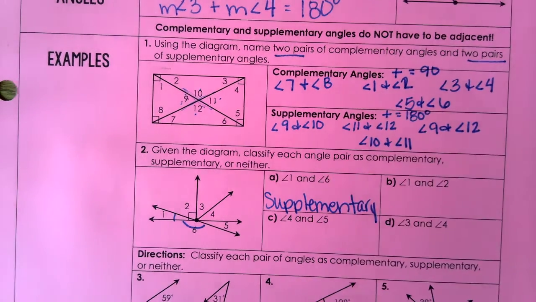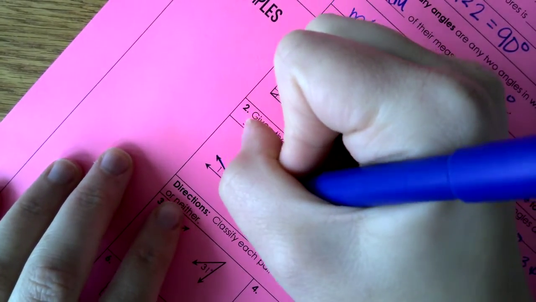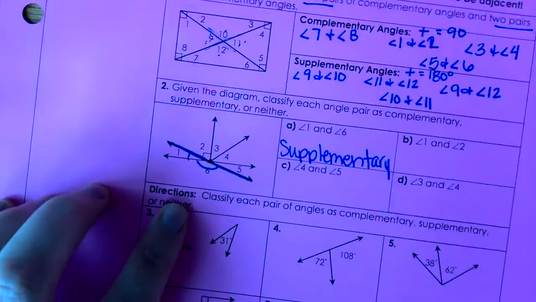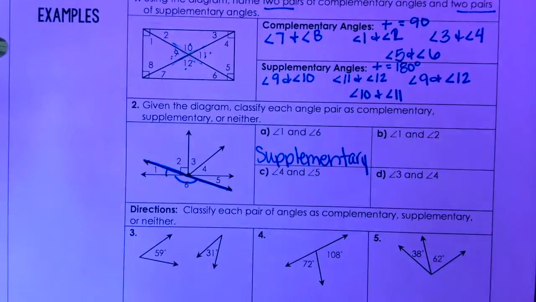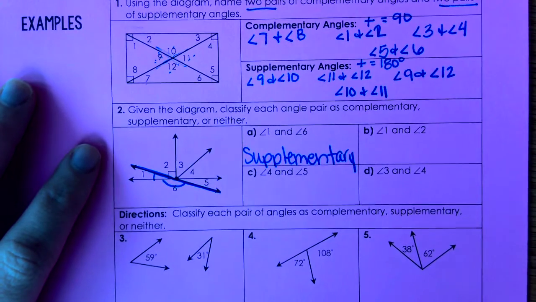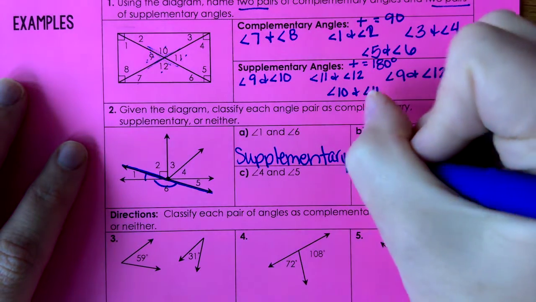Yeah. How do we know that? Because if we make a straight line here, do those angles line up to make a straight line? They do. You just have to turn your paper to see that. Now it's asking about angle 1 and angle 2. Complementary. They are complementary.